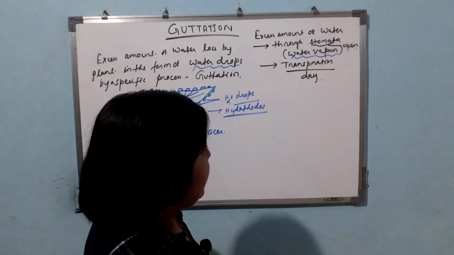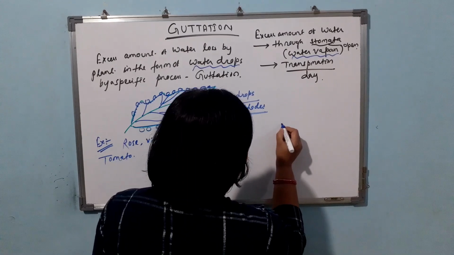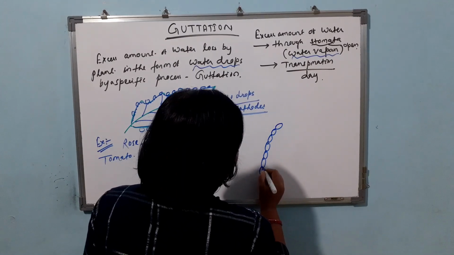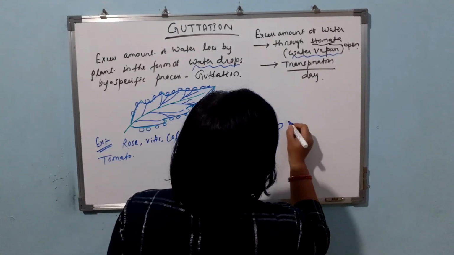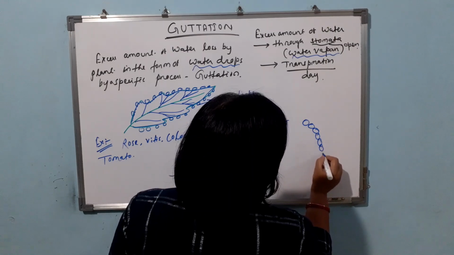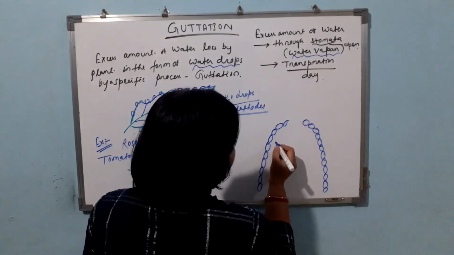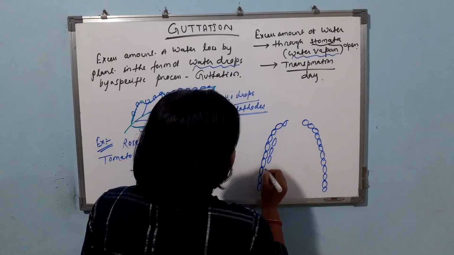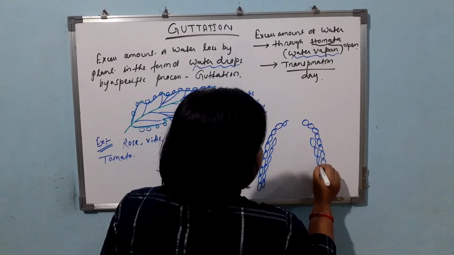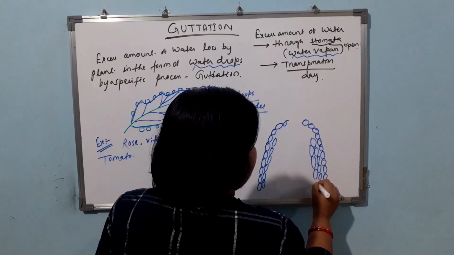If you see its anatomy, it is a large tissue that appears like a bell jar. Its outermost layer is the epidermis. Inner to the epidermis, a number of layers of cells are also present, like this.